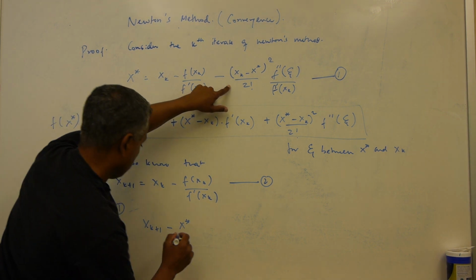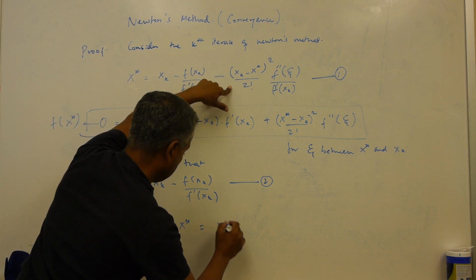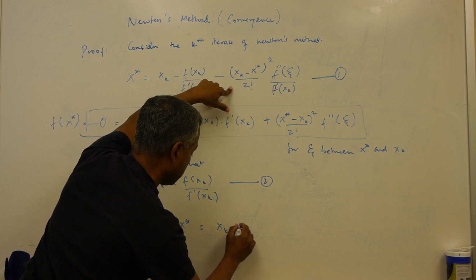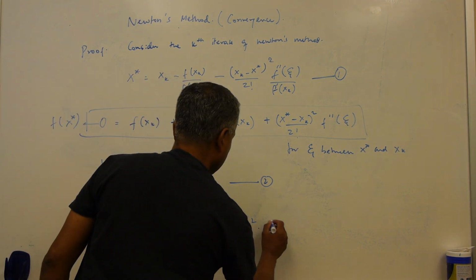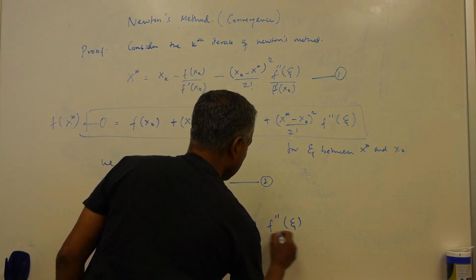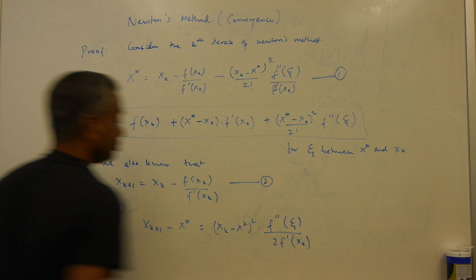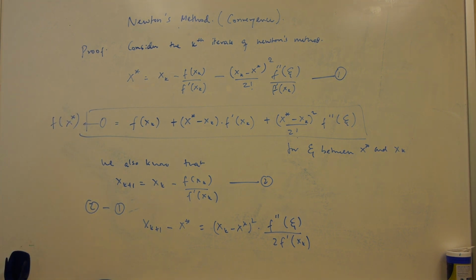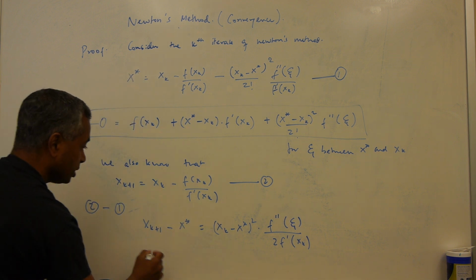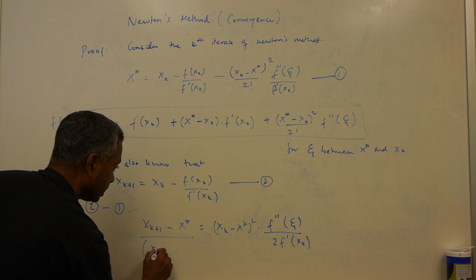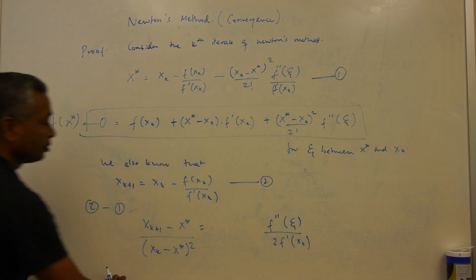So this simply becomes equals xk minus x star whole square times f double prime at a point eta divided by 2 times f prime at xk. Okay? And from here you very quickly get, you can divide this on both sides. You can simply write this as this divided by xk minus x star whole square equals, and I'm just going to divide this and remove this. Okay?